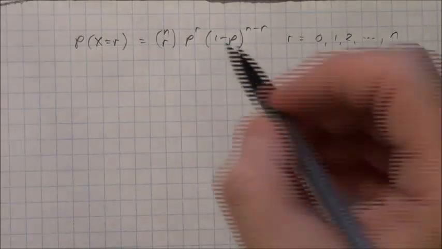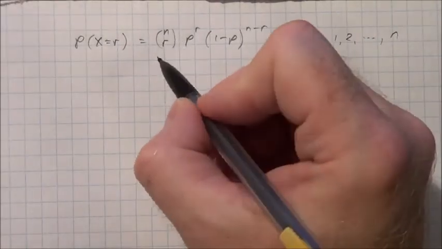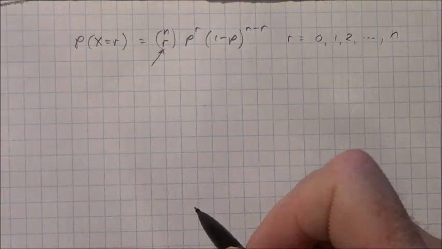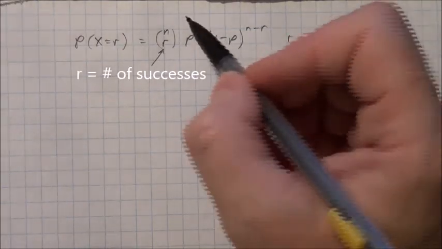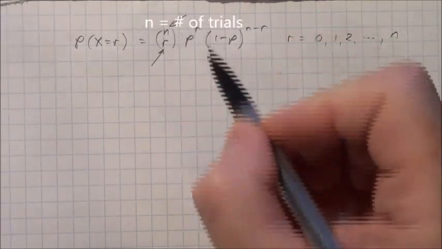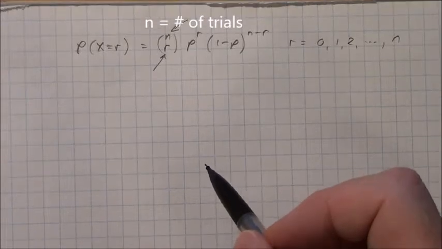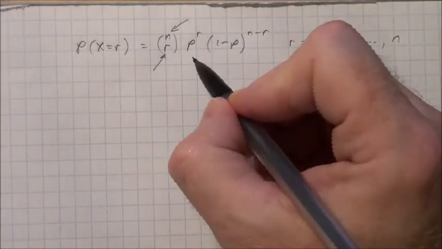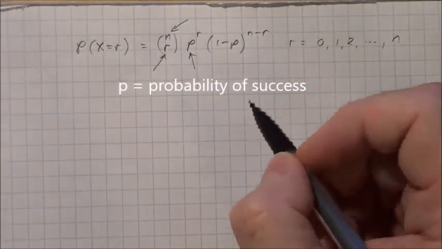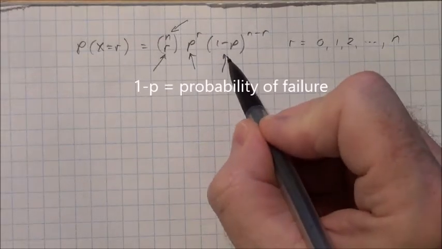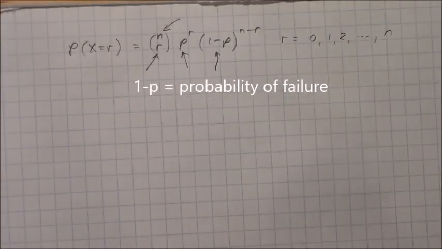Here r is the number of successes, n is the number of trials, p is the probability of success, and 1 minus p is the probability of failure.